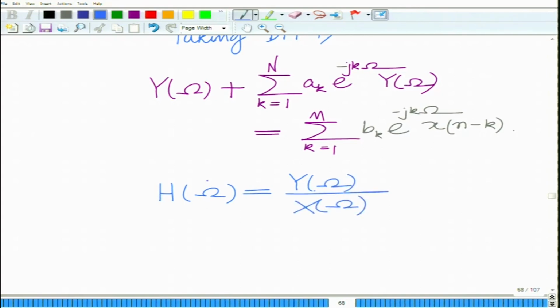So, this is the transfer function, remember, H(omega), which relates the input and output in the frequency domain.